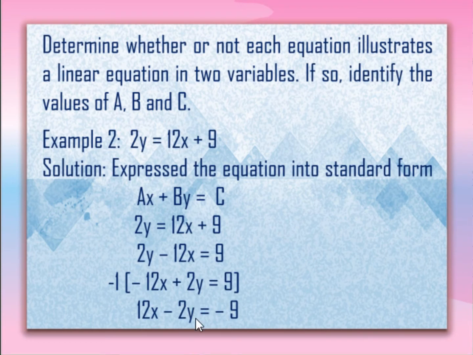We now have 12x minus 2y is equal to -9. This now is already in standard form, and the two variables are both in first degree. Therefore, we can say that this equation is a linear equation in two variables, wherein a is equal to 12, b is equal to -2, and c is equal to -9.